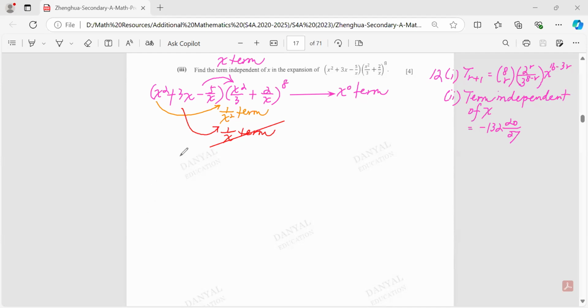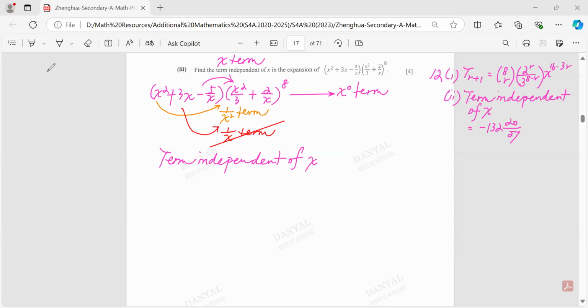So basically, for the term independent of x, we need to be sure that we have those terms. Let's look for the x terms.